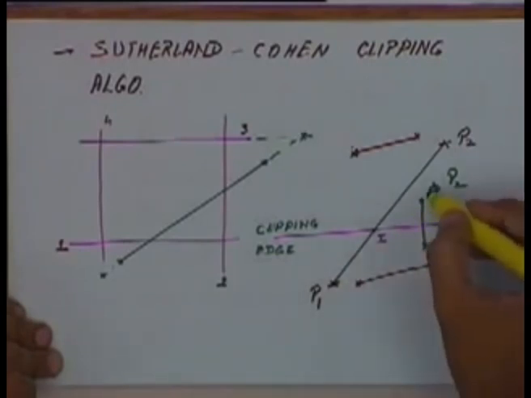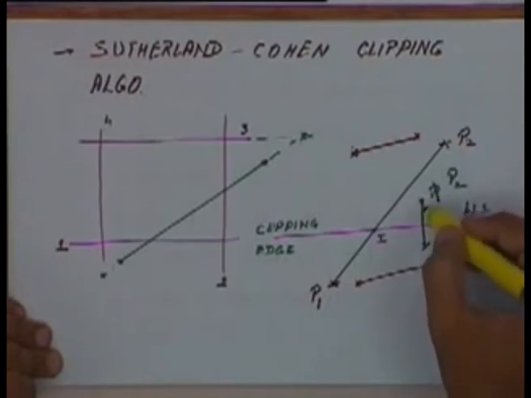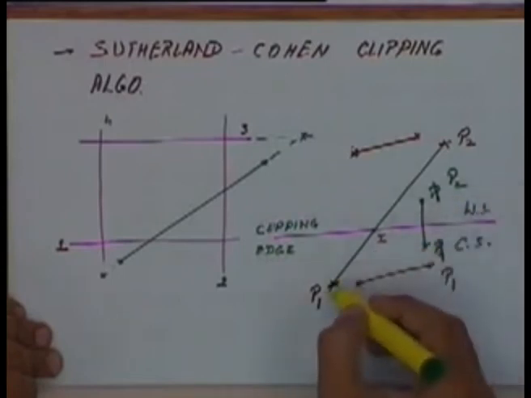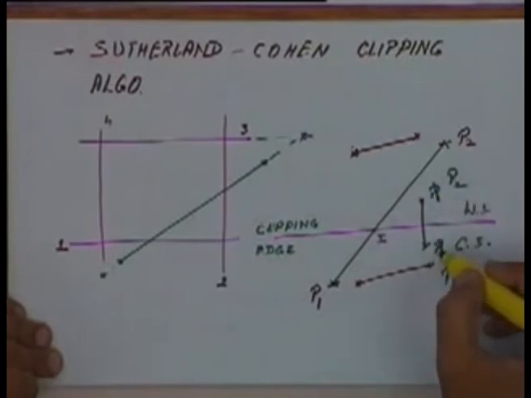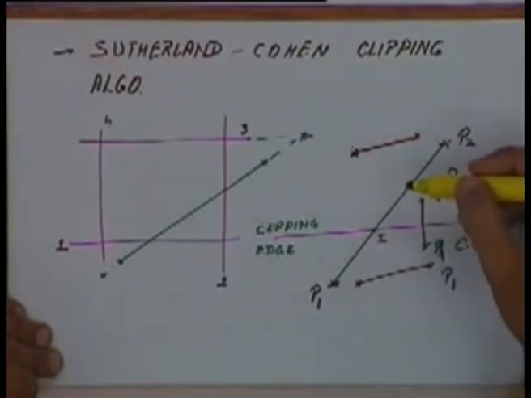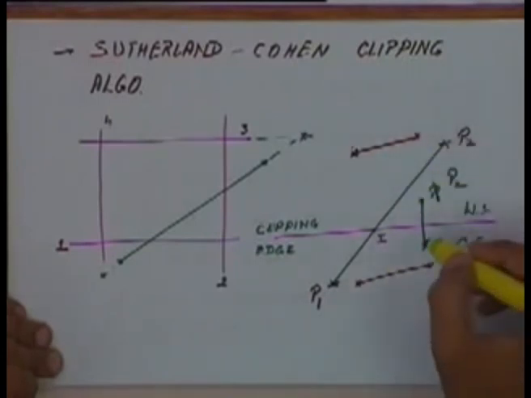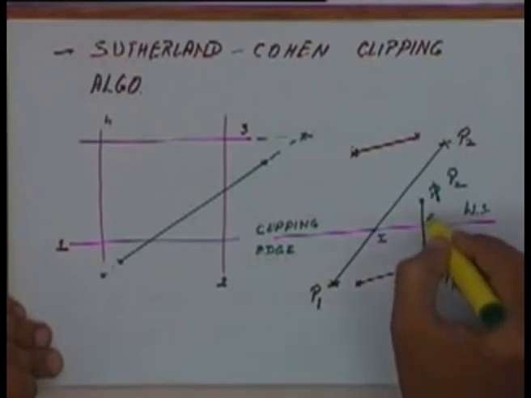If this is P1, then I will have to take P2 to I, and I don't want to do that. I want to take from P1 to I. So I will swap P1 and P2 and still take the line segment from P1 to I.